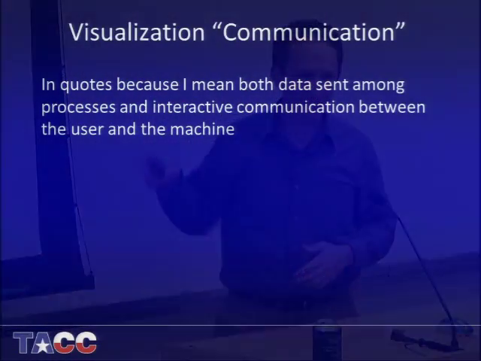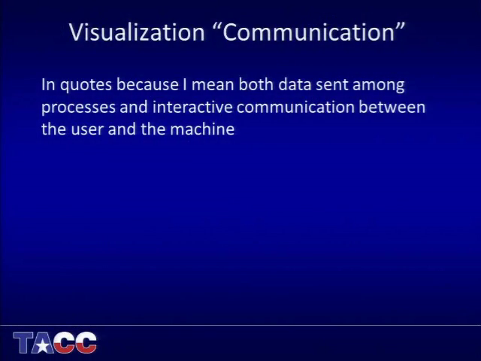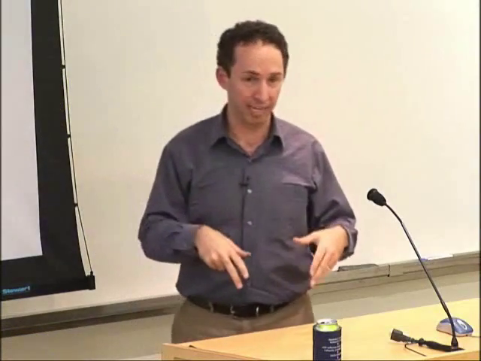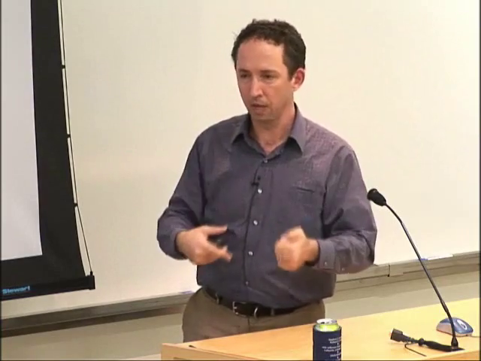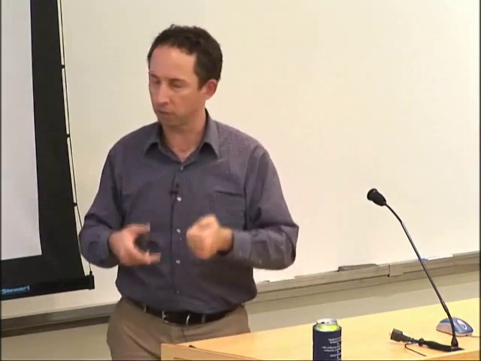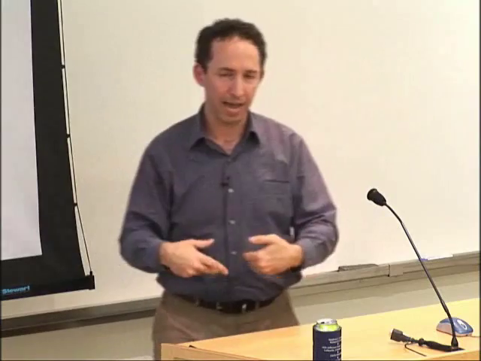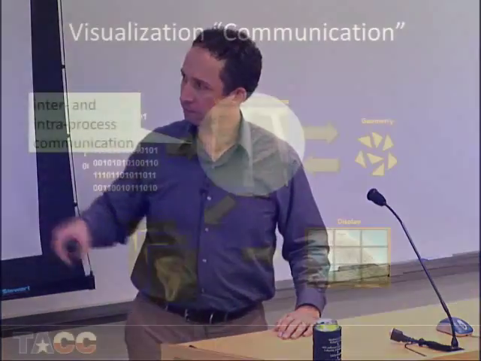So what does this communication pattern look like? I put this in quotes because I mean inter-process and intra-process communication similar to HPC, but I also mean the communication that a human gives to the simulation or to the process, and that comes back to the human, because there's typically an interactive component to this.